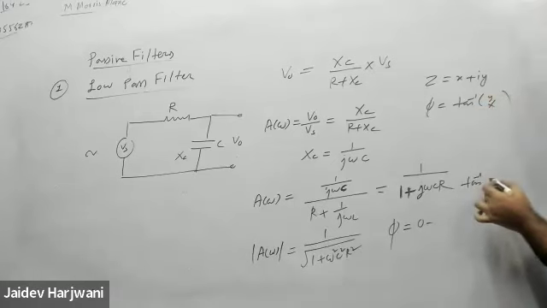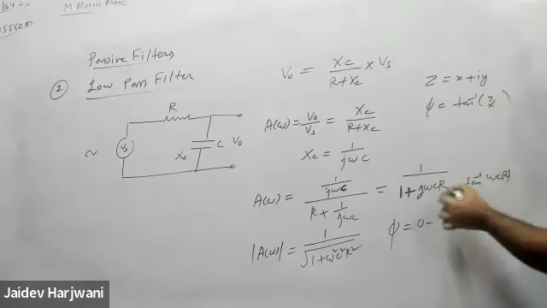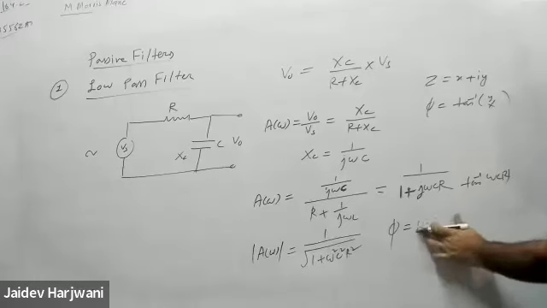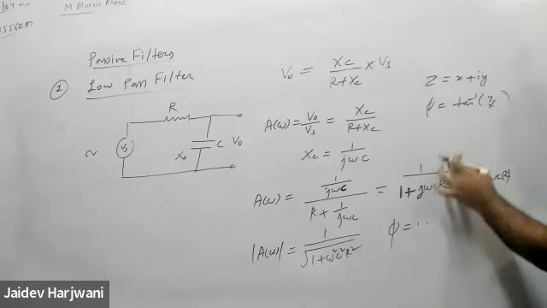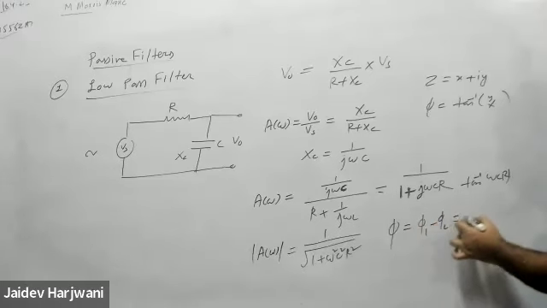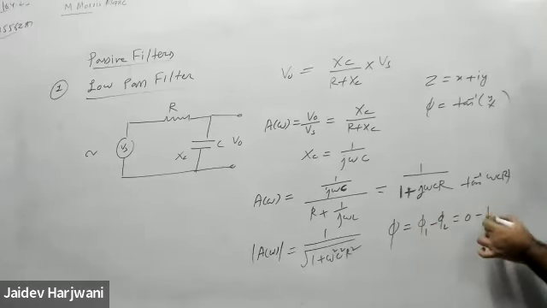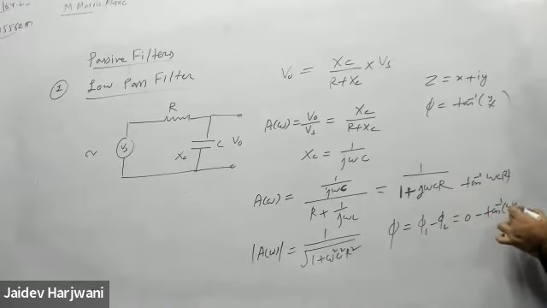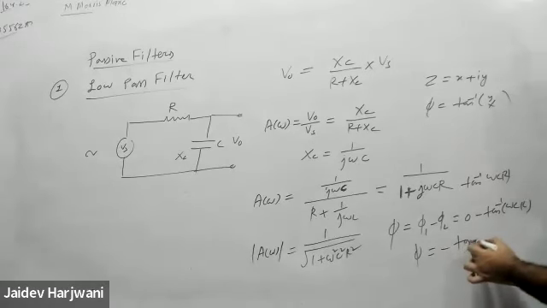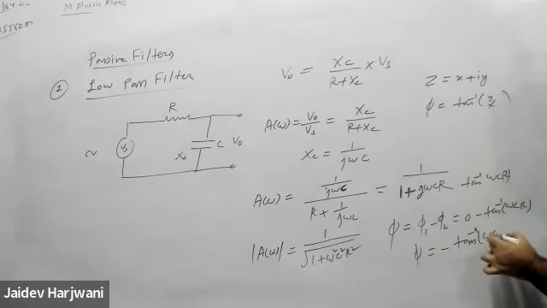Here y is omega c R and x is 1. So the phase becomes minus tan inverse omega CR.